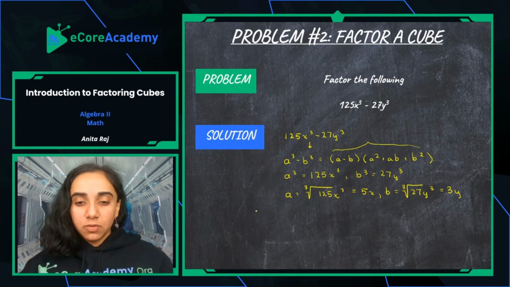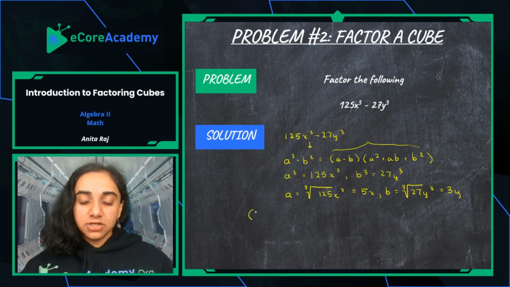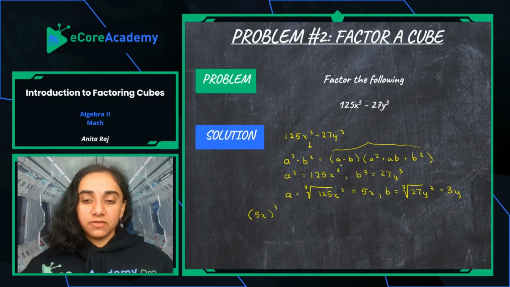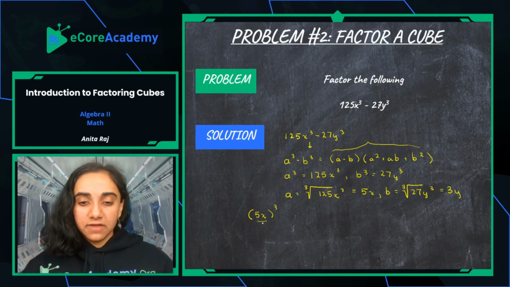So we've got 5x, and we're cubing it to get 125x cubed. This 5x by itself is our a term, minus our b term, which is 3y, and we're cubing this to get 27y cubed.